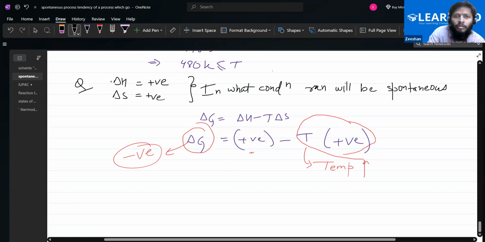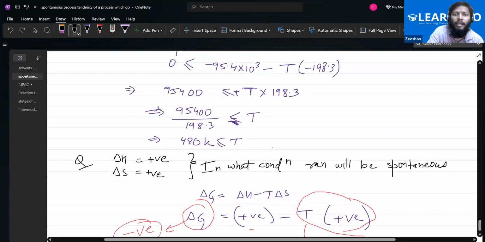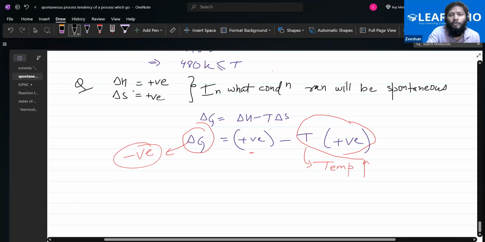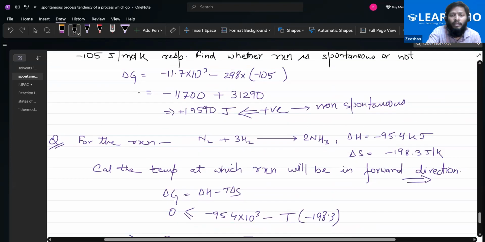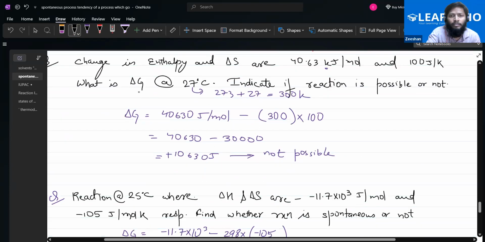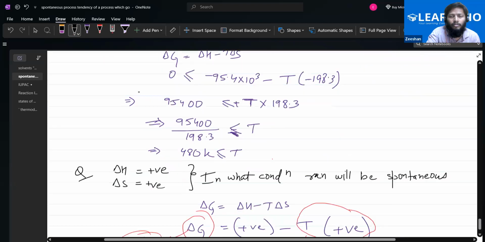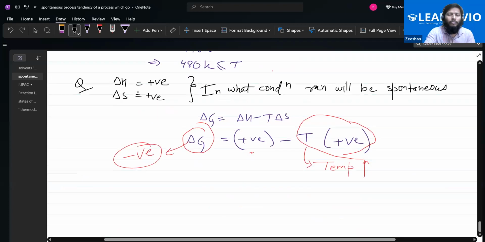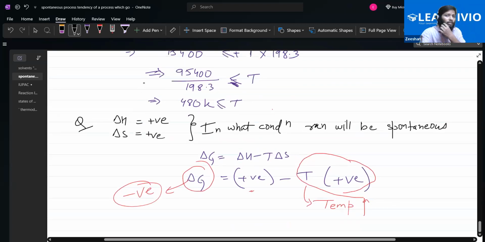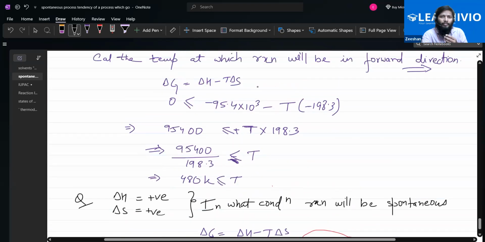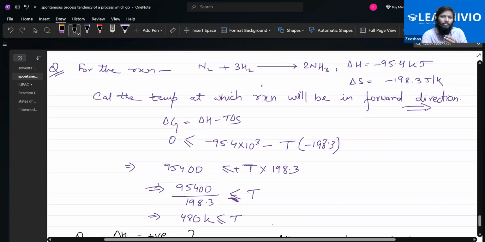Anybody having any doubt in this formula, in any numerical which we have discussed today? I can repeat, no problem with that.